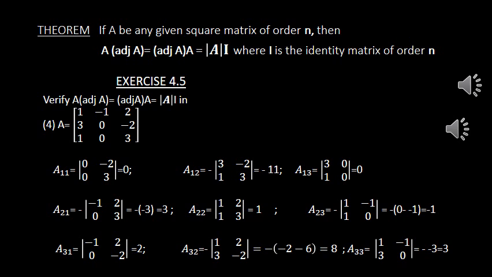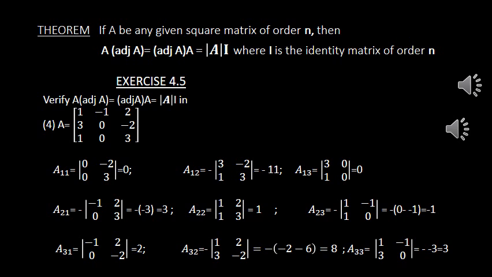Similarly, A21: here it is negative 1 raised to 2 plus 1, that is negative 1 raised to 3. So one negative sign is there, so negative of the value of the 2 by 2 determinant. So we are getting 3. Similarly, we found A22, that is 1. A23: negative of the 2 by 2 determinant, so we get negative 1.